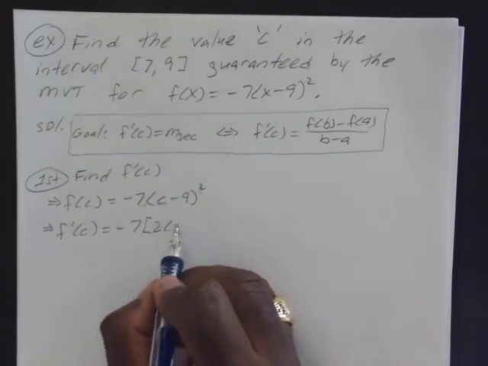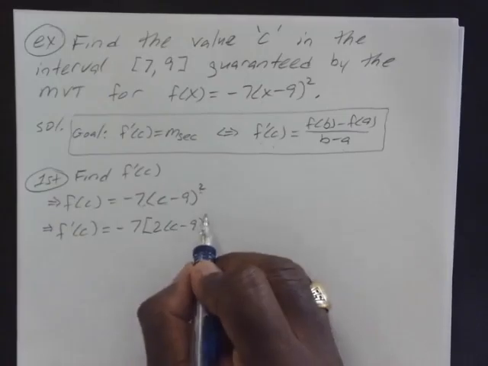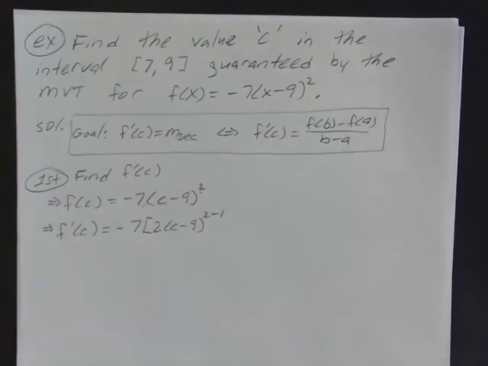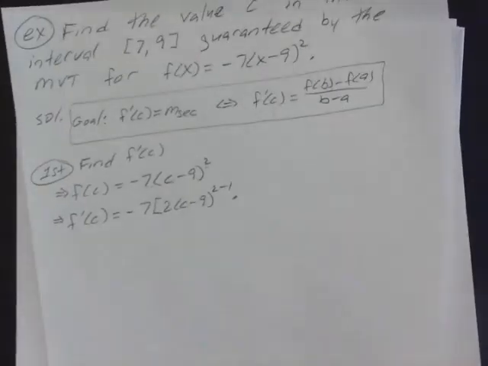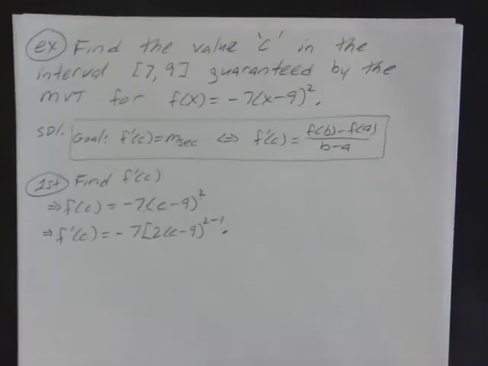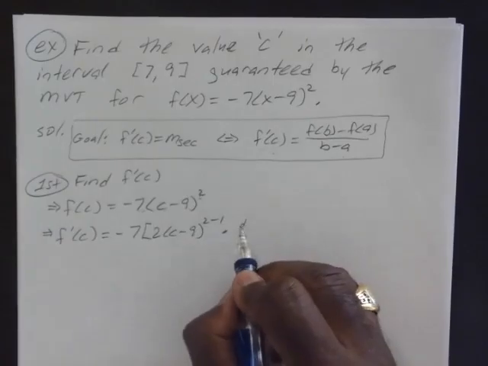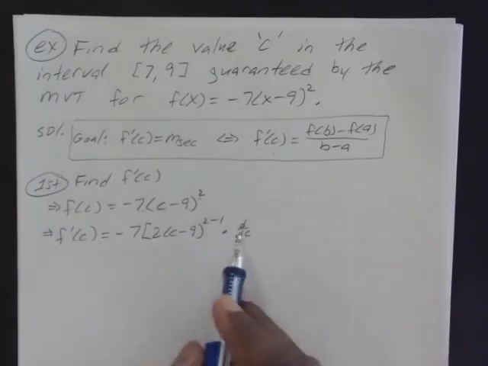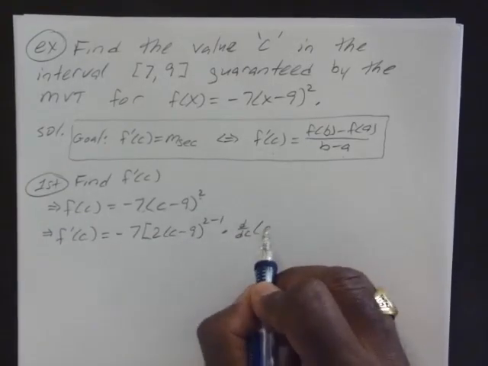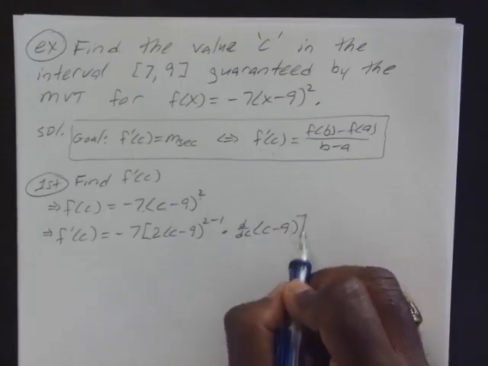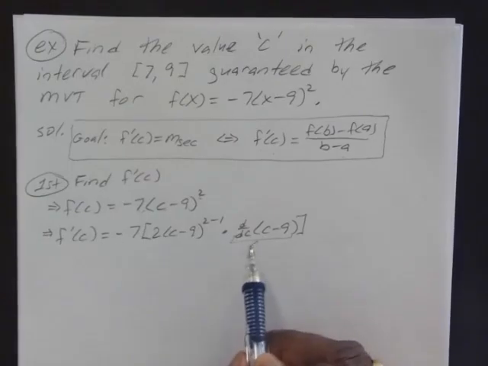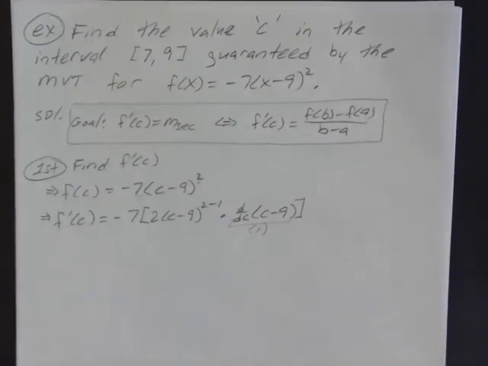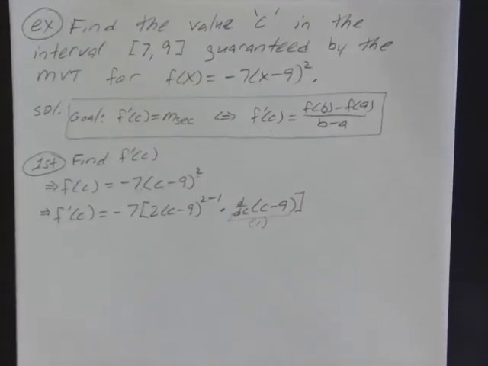So 2 times c minus 9 to the power of 2 minus 1, times the derivative of what's inside, times the derivative with respect to c of c minus 9. Which in this case is just 1. So no point in writing out an entire step just to put times 1.